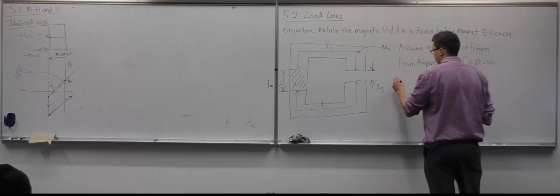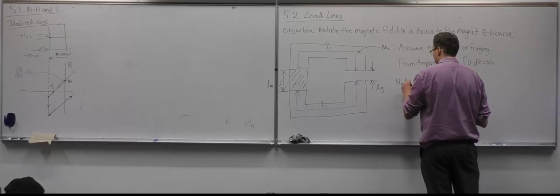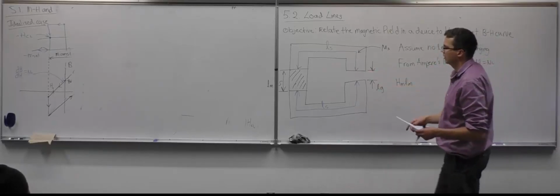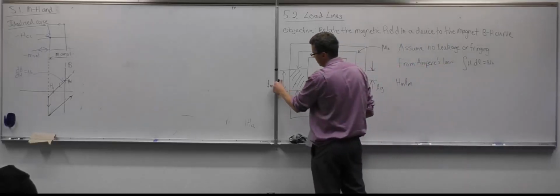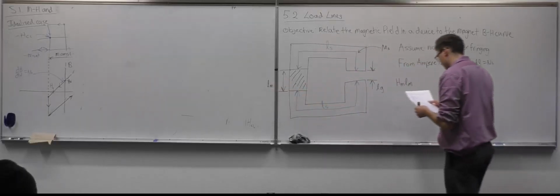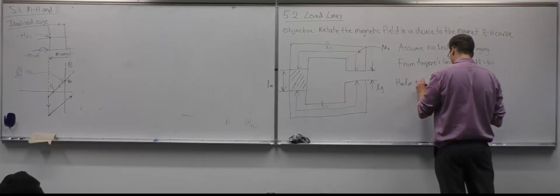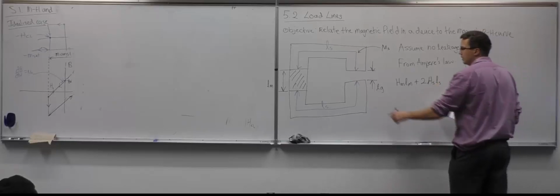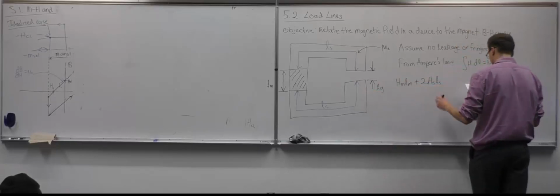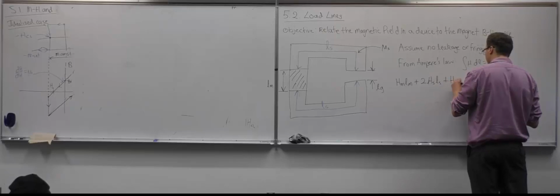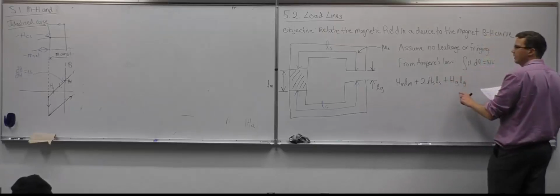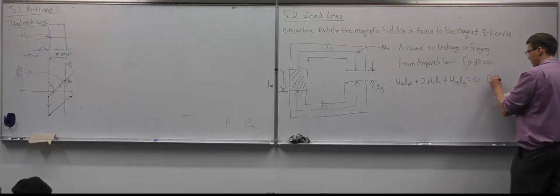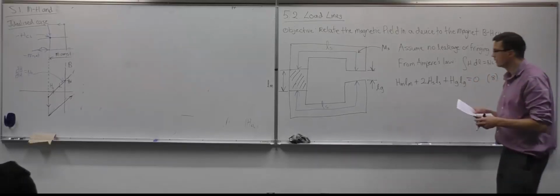So then instead we have Hm Lm, magnetic field intensity times the length, that's the Lm, plus 2 times Hs Ls, that's in the magnetic steel, plus Hg Lg. Lg is the length of the air gap, and that has to equal 0. So I'll call that equation 8.